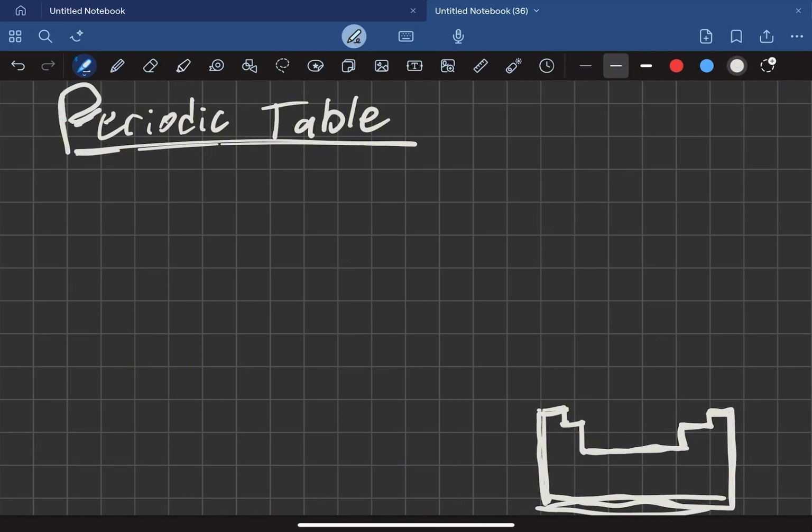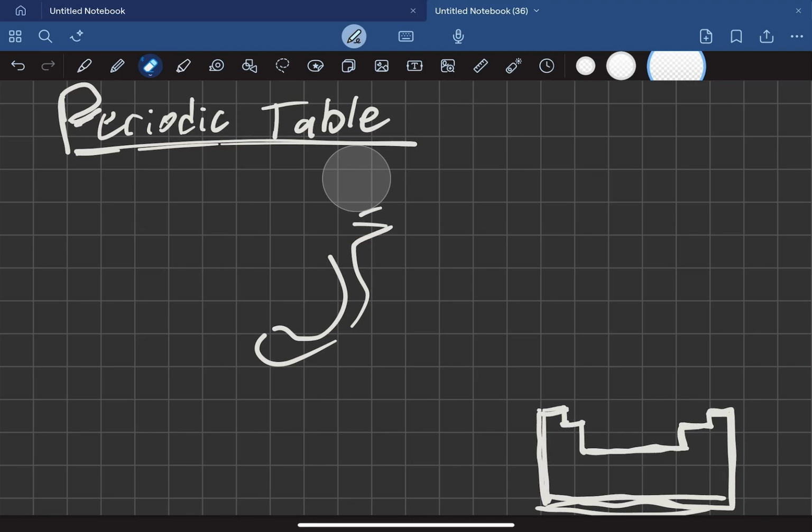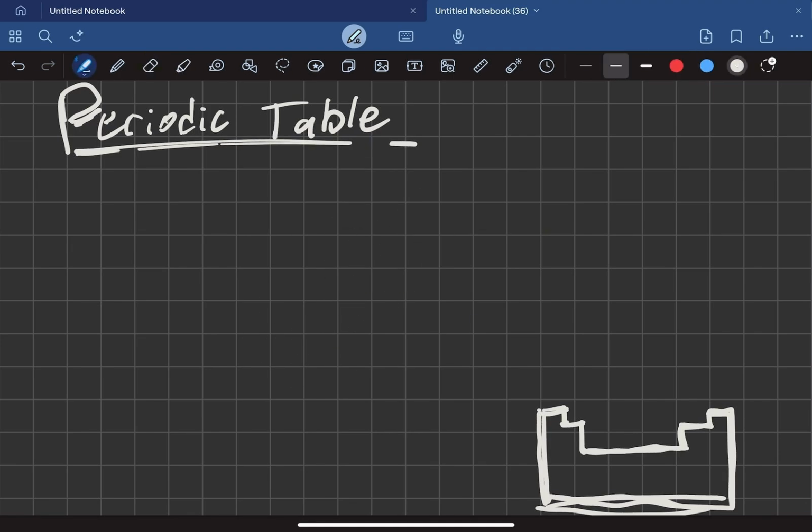So let's talk about these electrons a little bit more. How are electrons partitioned around an atom? Electrons don't just randomly float around the nucleus. It's not like you have the nucleus here and the electron's just doing its thing floating around. Instead, we have what's known as a shell.